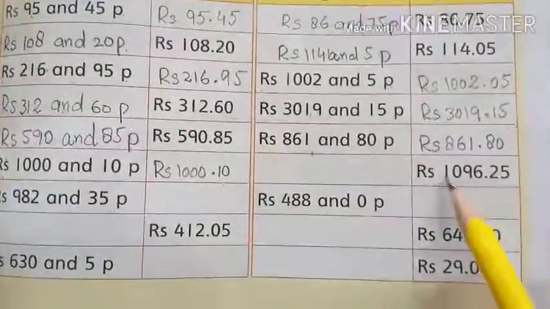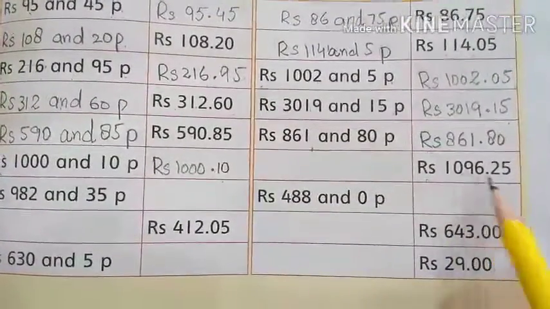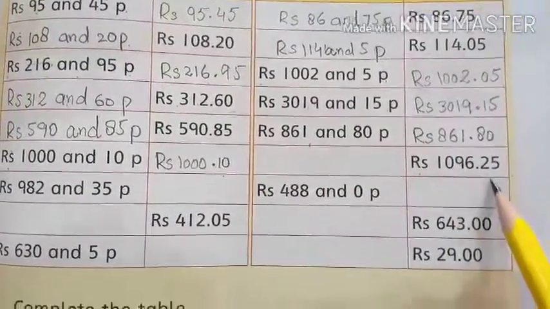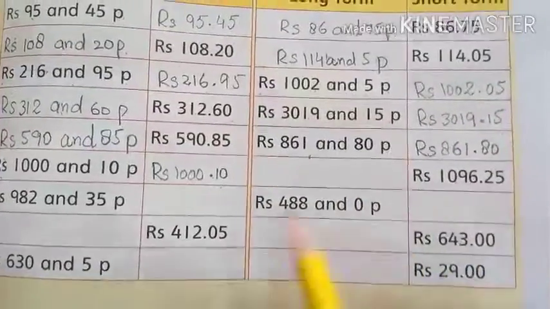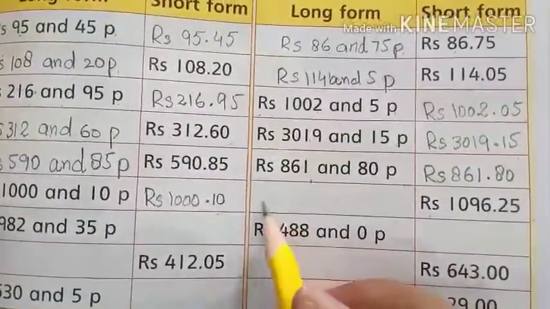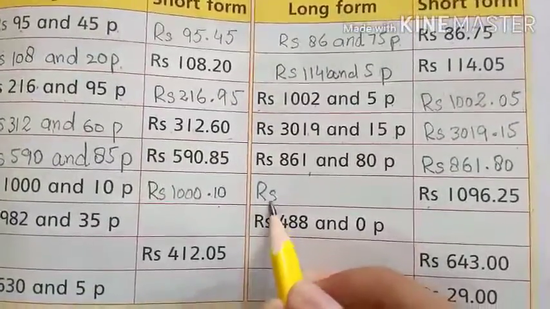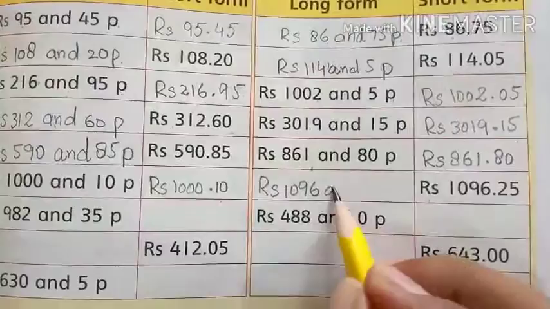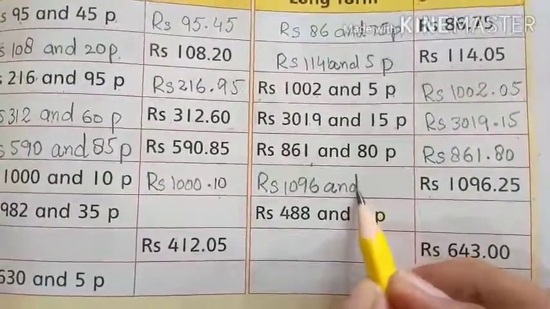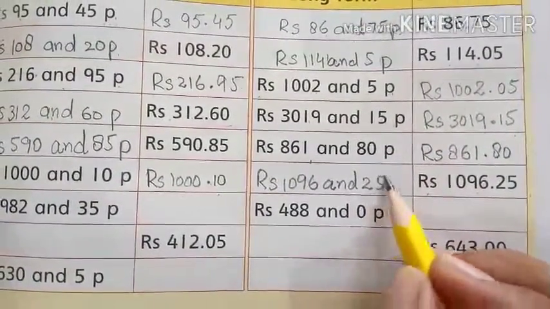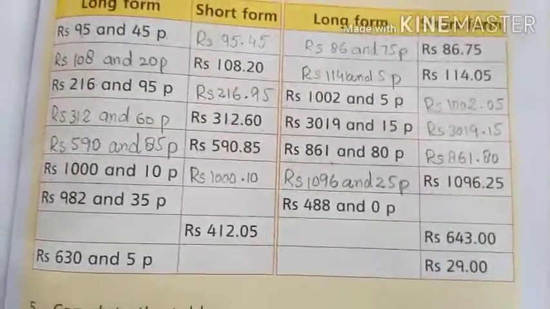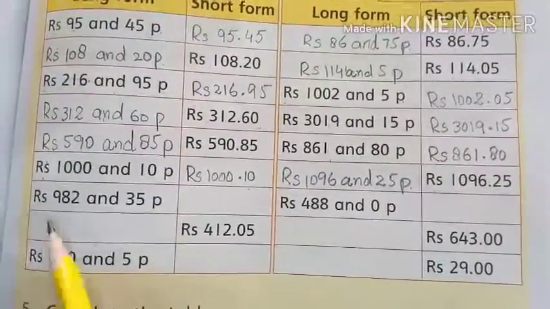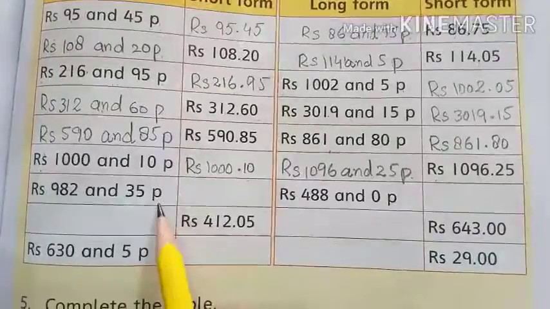The next one is in short form, rupees 1096.25, and we have to write in the long form. We will write like this: rupees 1096 and 25 paise. Okay students, the next one is rupees 982 and 35 paise.